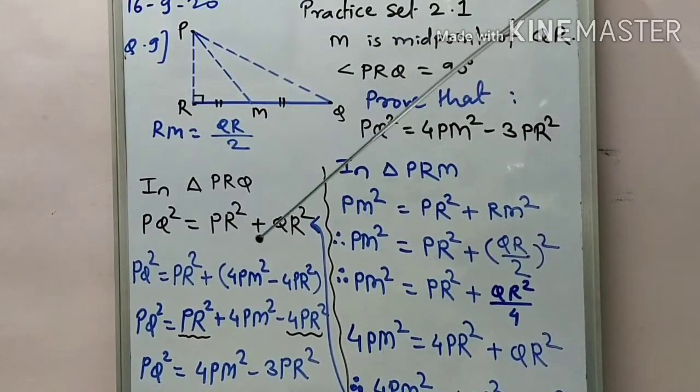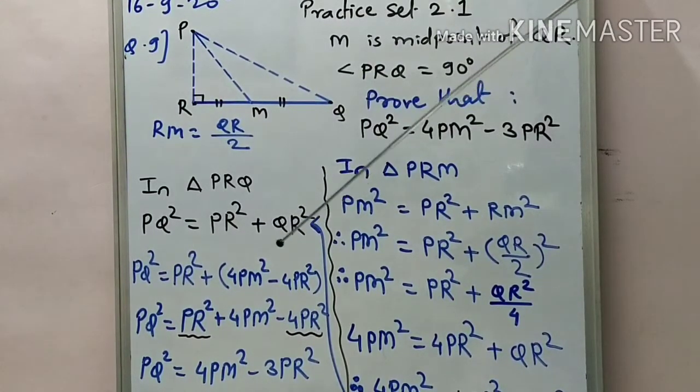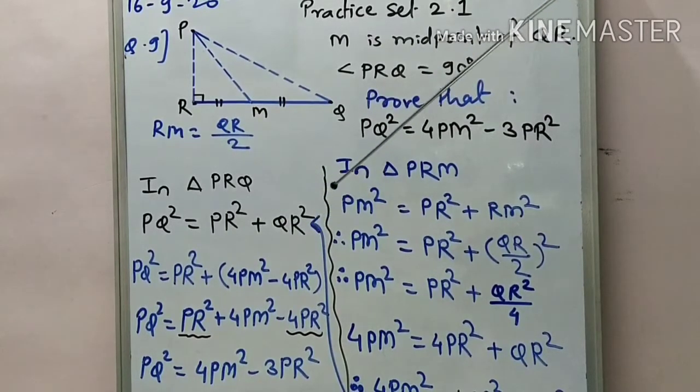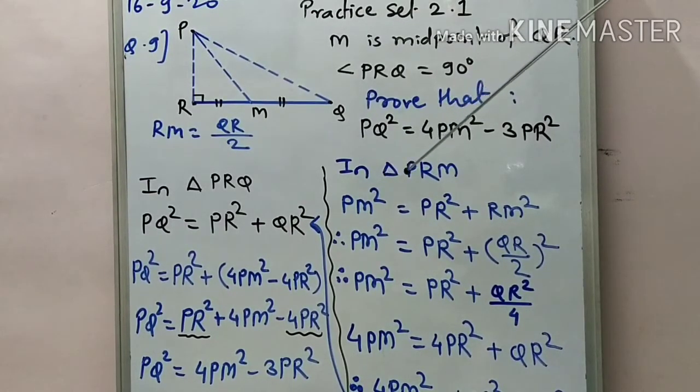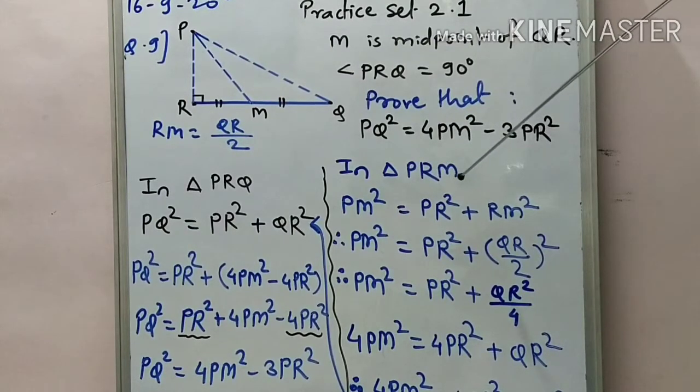As we won't require this QR square, we replace it with PM square, but we cannot directly relate it with PM square. So first we use Pythagoras again in the right angle triangle PRM, and we change this RM as QR upon 2.